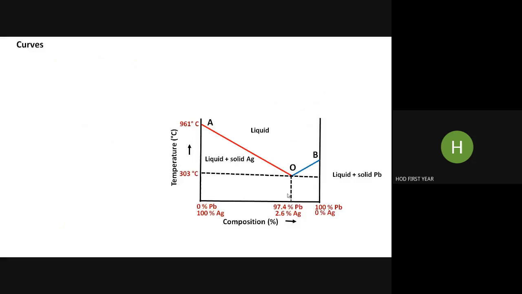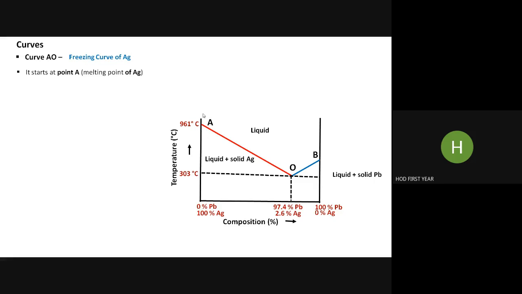Let us see. First we will see the curves. We have two curves, AO and BO. For the first curve AO, you should write the name of the curve. Obviously this is the freezing curve of silver, because the melting point of silver is decreased. Now describe it in your own way. It starts at point A. What is that point A?